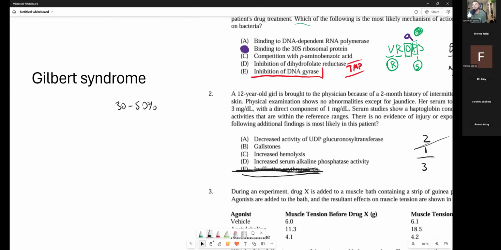Now, with type 2, you do have some enzyme activity still remaining. It is less severe than type 1, but you will have a lot of unconjugated bilirubin, just like in this situation.